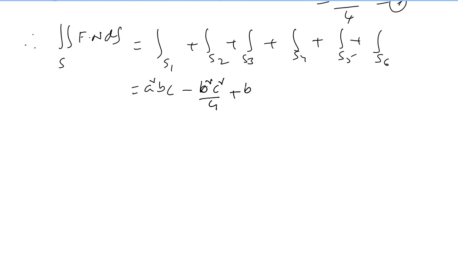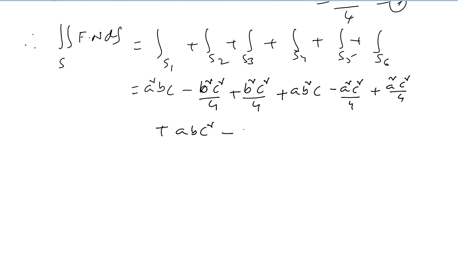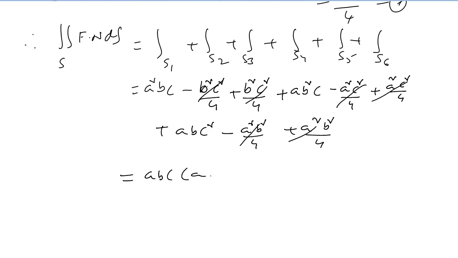Second integral is b square c square by 4. Third integral is abc square minus a square c square by 4. Next integral is a square c square by 4. Next integral is abc square minus a square b square by 4. Last integral is a square b square by 4. Now these pairs cancel. Finally abc into a plus b plus c.